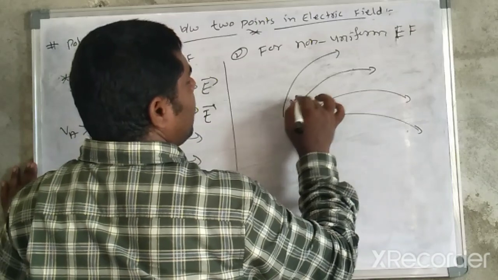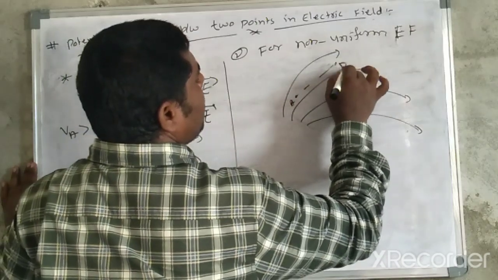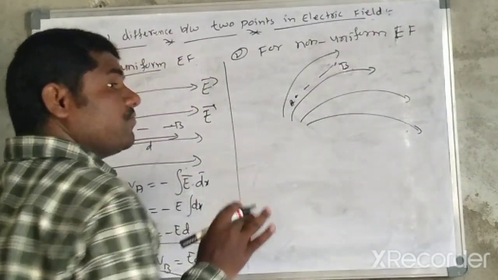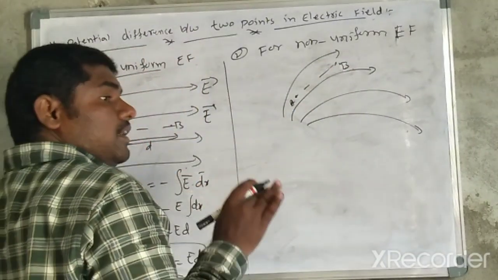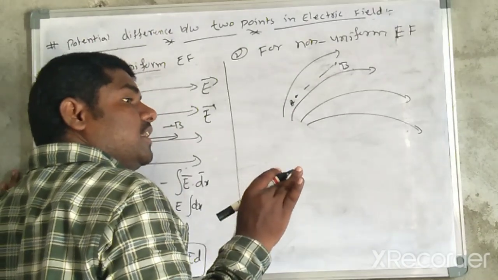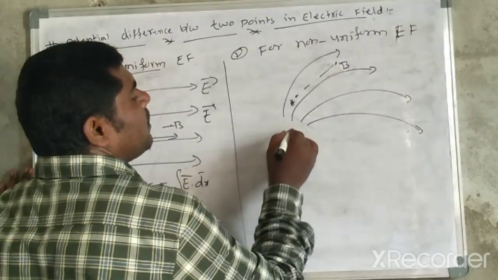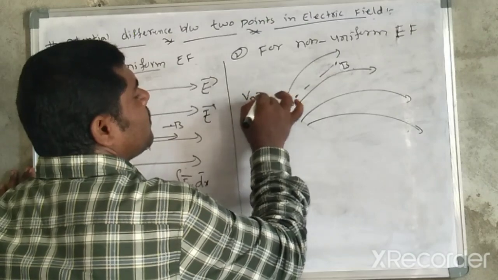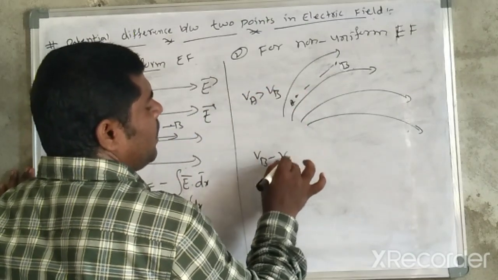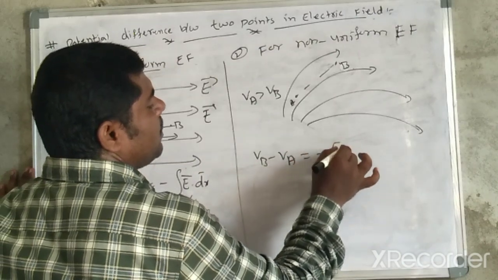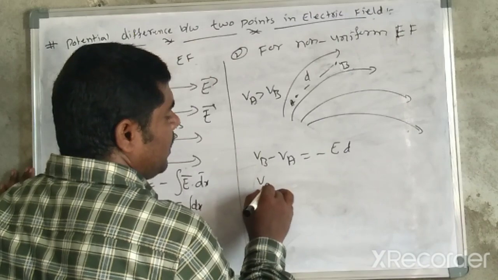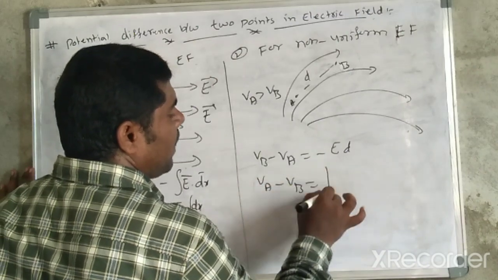This is the point A and this is the point B. Here also, in the direction of the electric field, the electric potential is decreasing. That's why here also VA is bigger than VB. Let us consider this distance is D.